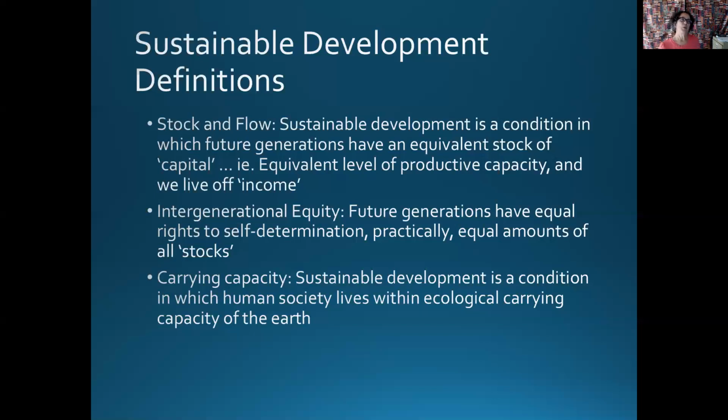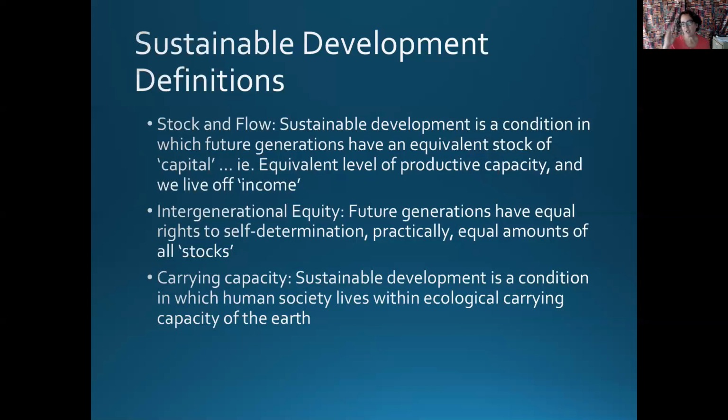And the human rights side of that is harder to measure. It's always harder to measure freedom and justice. And so we often use more economic concepts instead, such as the amount of a stock.